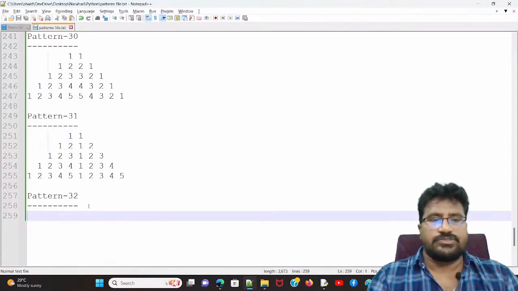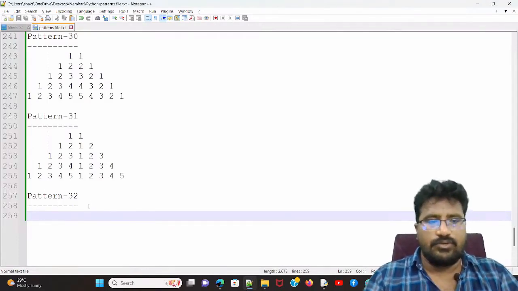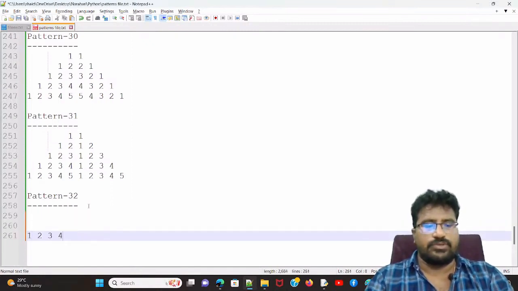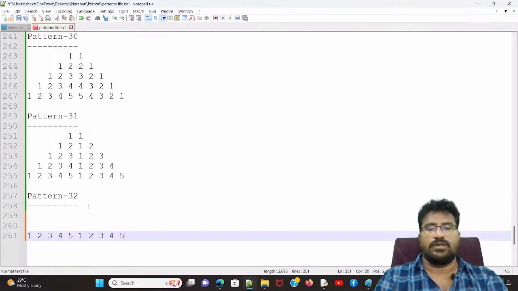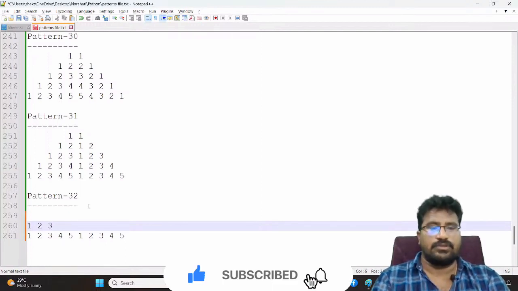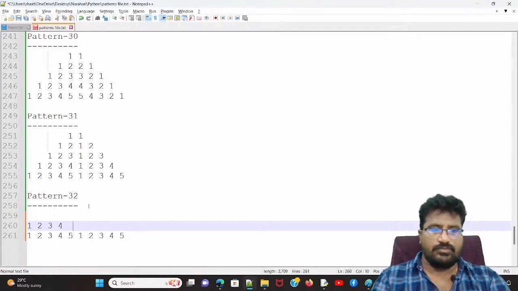Right. So we'll start a new pattern that is displaying 1, 2, 3, 4, 5. Then 1, 2, 3, 4, 5. The above line is 1, 2, 3, 4, and here 5.